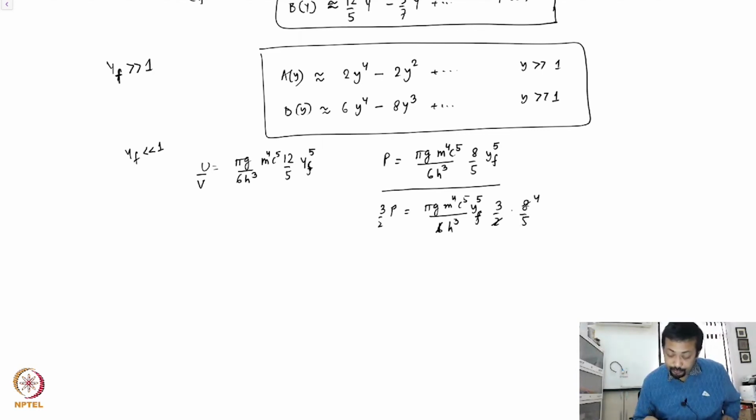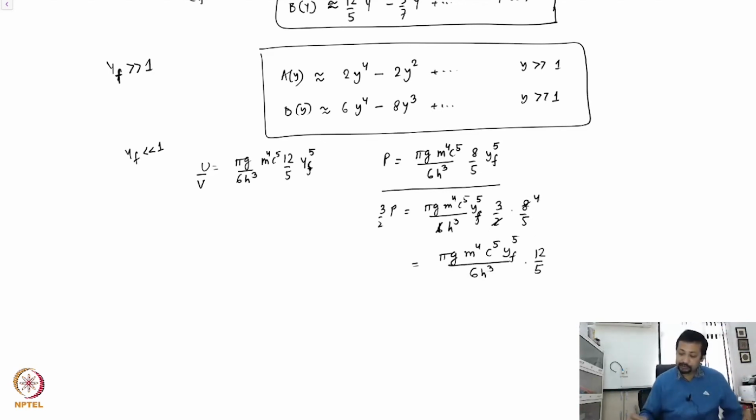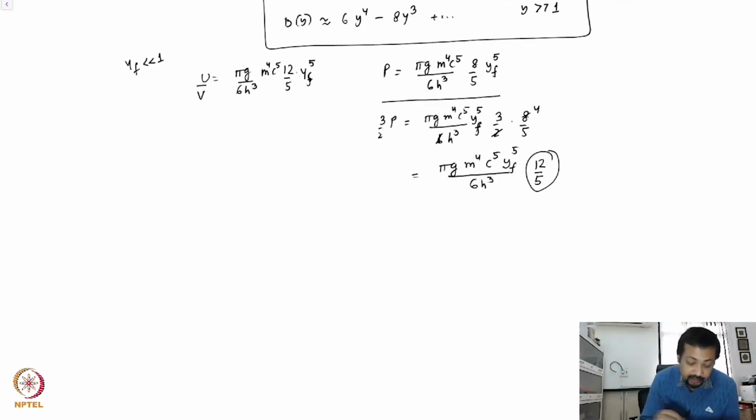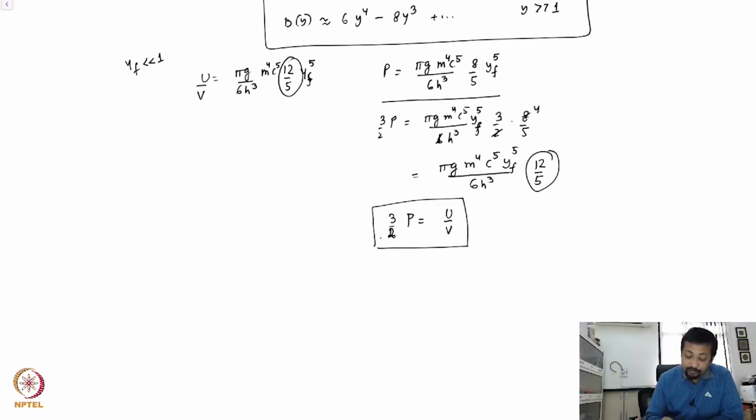This gives me a 4. 3 times 4 is 12, and you have the result pi g m^4 c^5 y_F raised to the power 5 over 6h cube times 12 over 5. Now you clearly see that this factor is same as the factor over here, so that you know that 3 by 2 pressure is going to be U by V, which is the case for a non-relativistic gas, as we have seen. So once again we have done, everything is consistent.